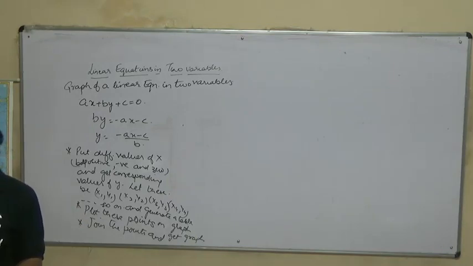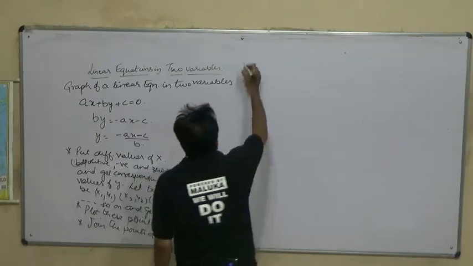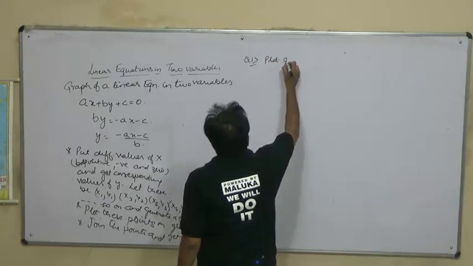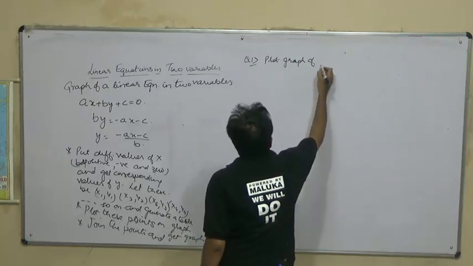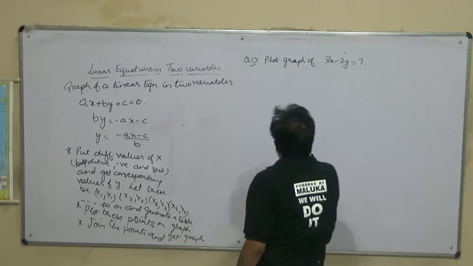So let us plot the graph for 3x minus 2y is equal to 7. So the first question in this is, plot graph of 3x minus 2y is equal to 7.